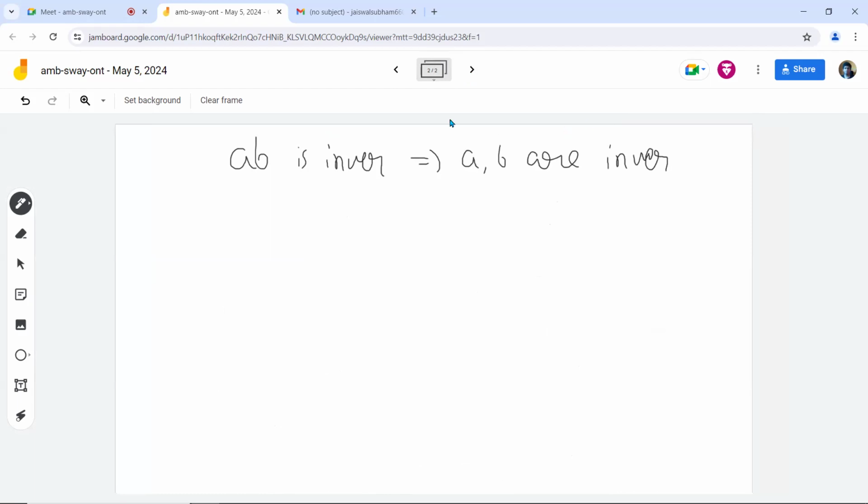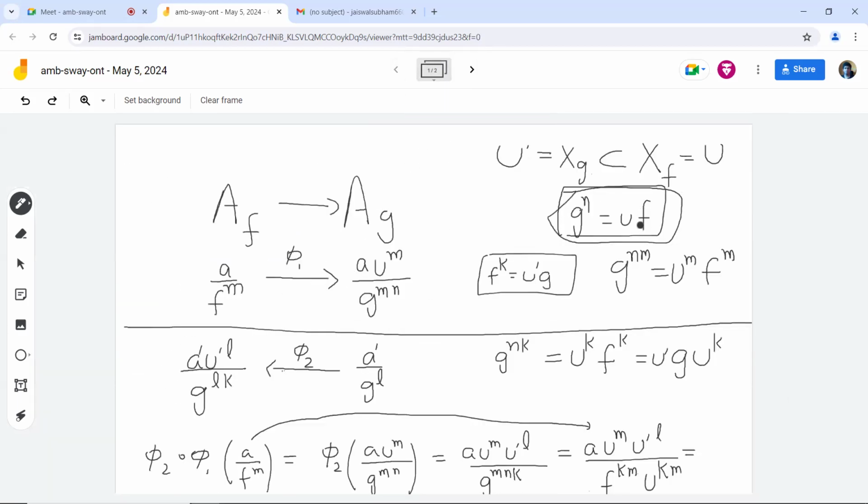How do you prove this? Yes, one-sided inverse, but it's not true in non-commutative cases. Anyways, I just assume that you already saw it, so it's fine. So basically, in AG, F is invertible, and in AF, G is invertible, right?